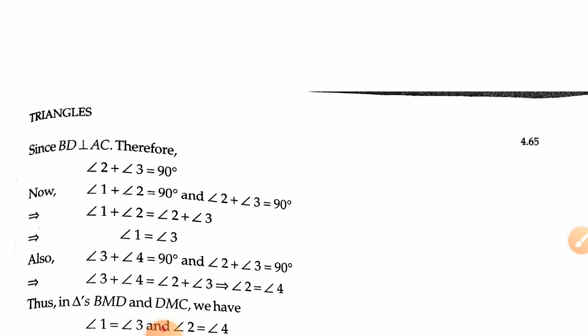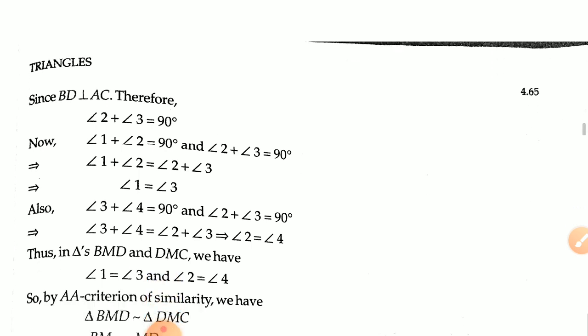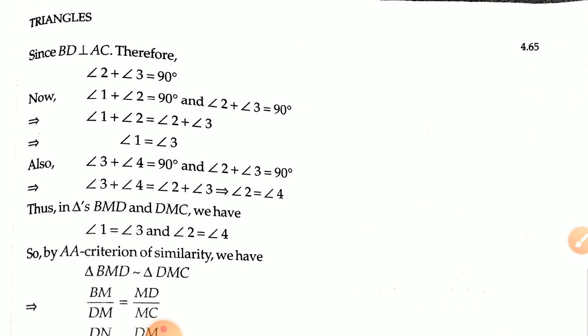Means the RHS of both the equations are the same, and therefore the LHS must be equal. Therefore angle 1 plus angle 2 is equal to angle 2 plus angle 3. Here angle 2 will get cancelled, and we get angle 1 equal to angle 3.